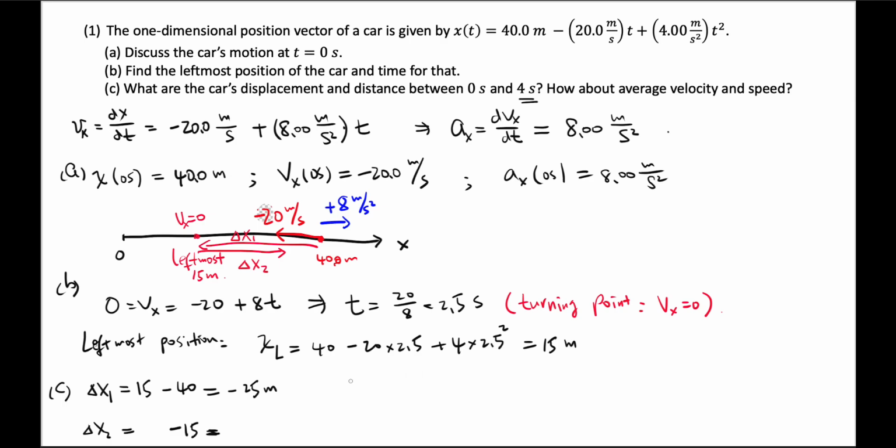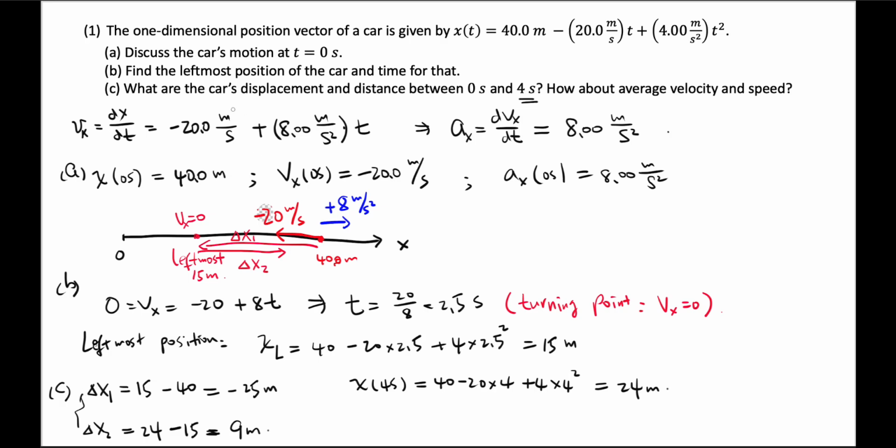So x at 4 seconds equals, you plug in 4 seconds here, 40 minus 20 times 4 plus 4 times 4 squared equals, okay, so this number is 24 meters. So now I can plug in the numbers here, 24 minus 15, so we get 9 meters. So 9 meters, which is positive, is the second displacement.